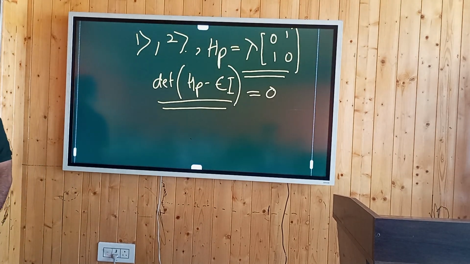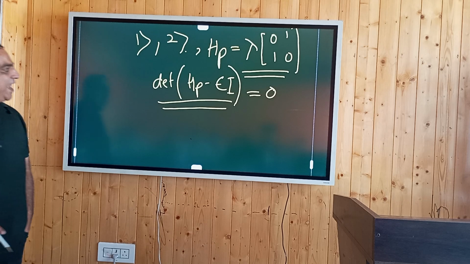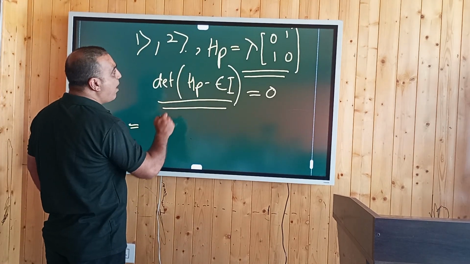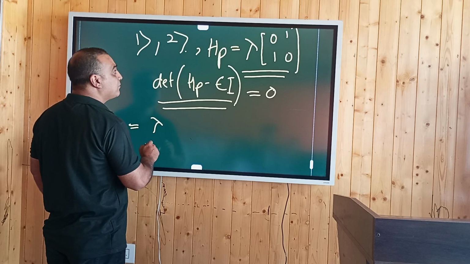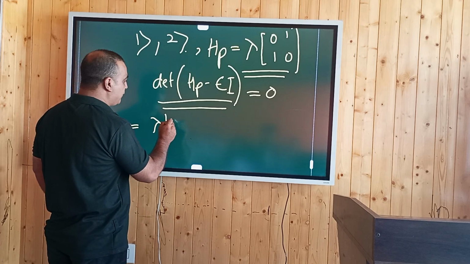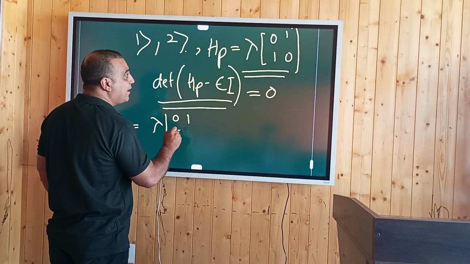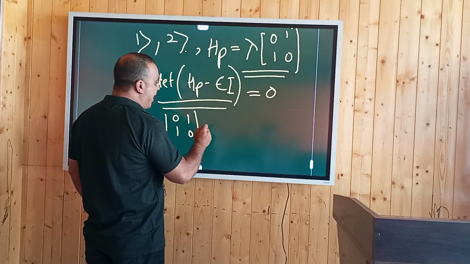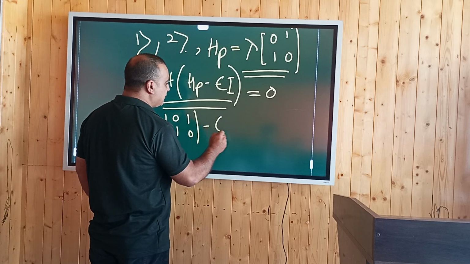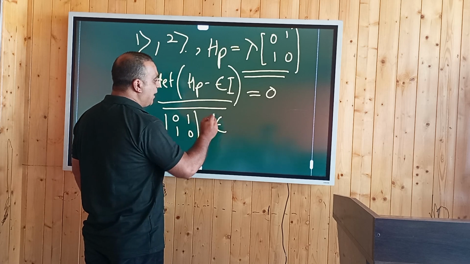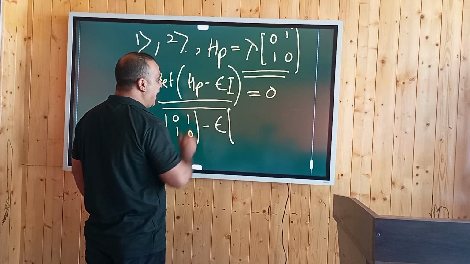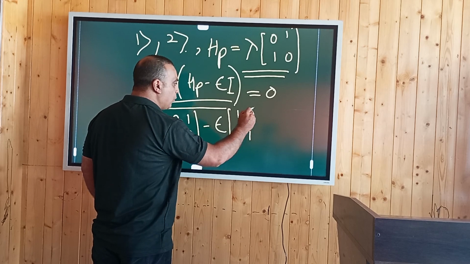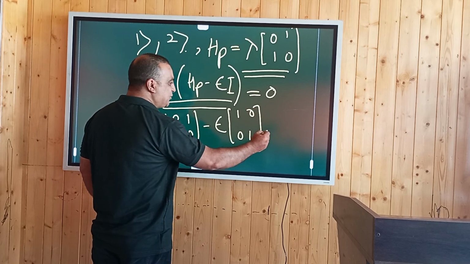For HP, I have lambda times the matrix 0, 1, 1, 0, minus epsilon times the identity matrix 1, 0, 0, 1, and this should be equal to 0.